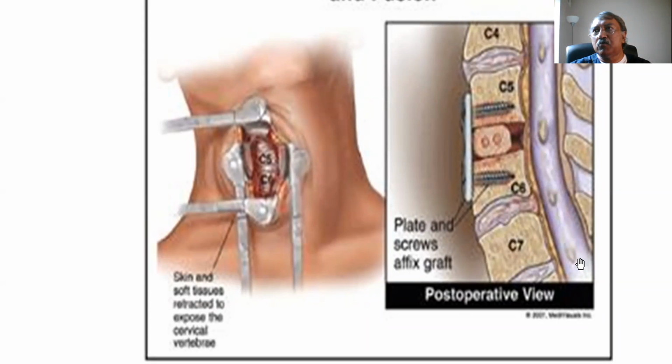This is the spinal cord. This structure here you are seeing going through this canal, that's the spinal canal. And that is the spinal cord, the actual spinal cord here.